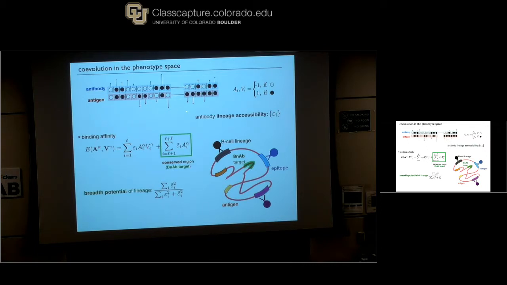There's always a spin up on the viral side, just as a convention, and the antibodies can flip to align themselves to that region. So that's the tilde region, where by definition you put v_i equal to 1. The reason we put this in was that there are antibodies that manage to target these regions, and they're known as broadly neutralizing antibodies.